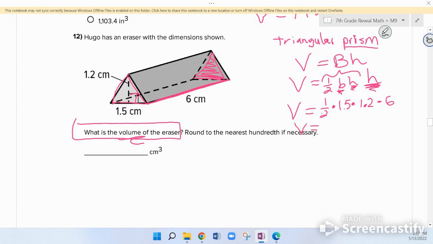All right, and when we multiply there, we get the volume of 5.4, and because it's volume, it's going to be centimeters cubed in this case, and that is our final answer. So we multiply by a half here, right here, that little half, because the base is a triangle and we're finding the area of the base.